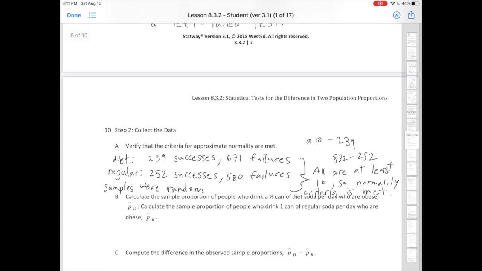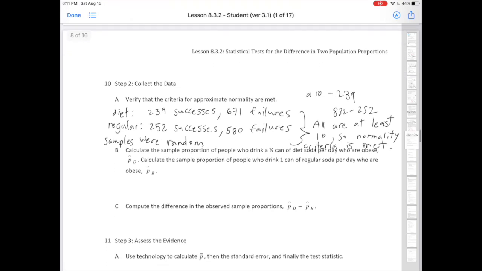Okay, let's go to the next part. It says calculate the sample proportion of people who drink half a can of diet soda per day who are obese, PD hat, and then we also want to calculate the sample proportion of people that drink a regular soda per day who are obese.